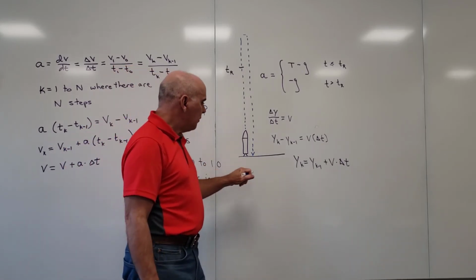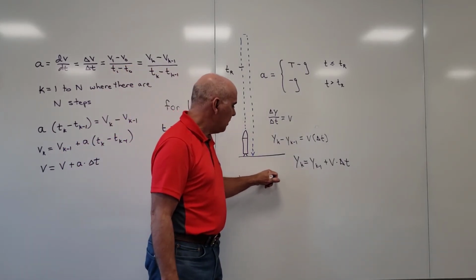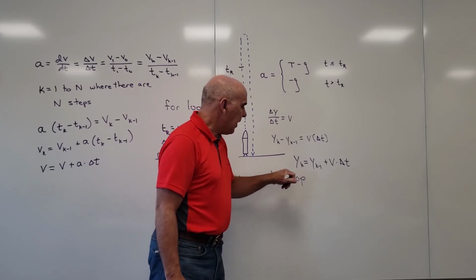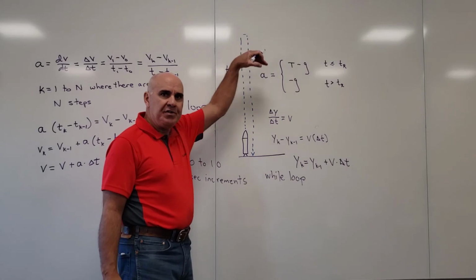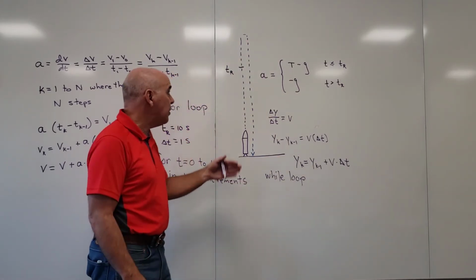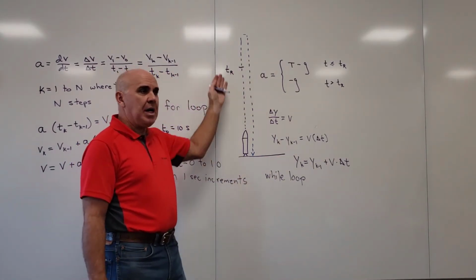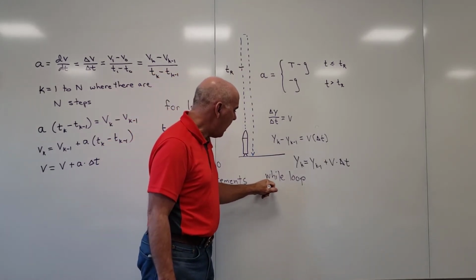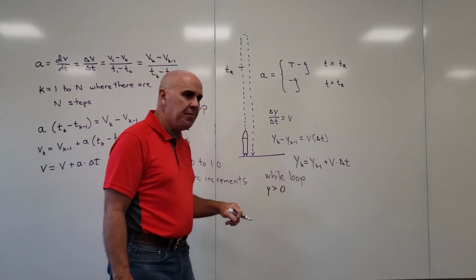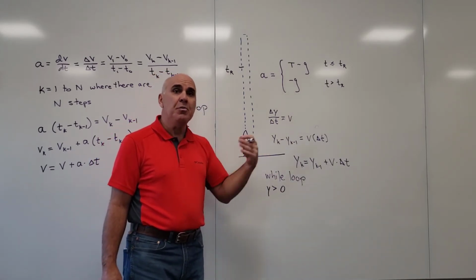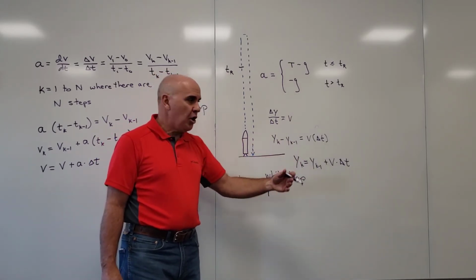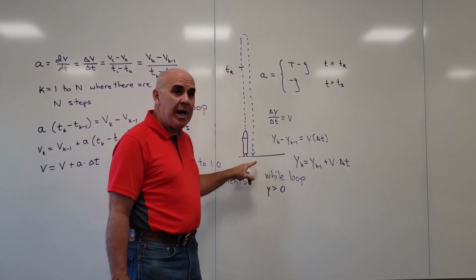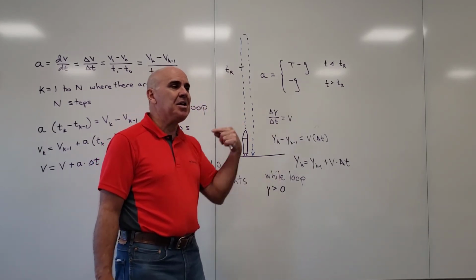The other type of loop is a while loop. And a while loop would be really good if I'm trying to figure out how long is this thing in the air. So I don't know, I know the 10 seconds, but I want to know how long is it in the air. So I might say while y is greater than 0, go through the loop over and over and over again as long as y is greater than 0, because when it hits the ground again, y is not going to be equal to 0. I'm going to run another calculation.